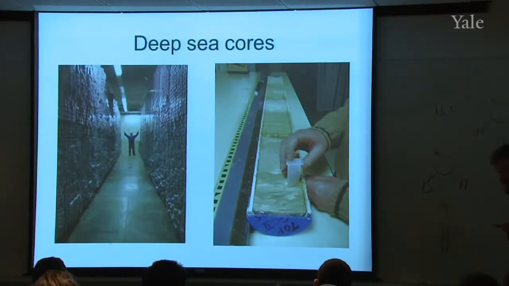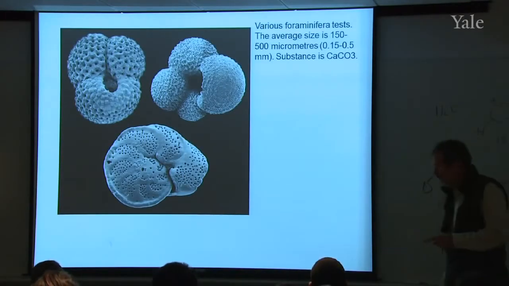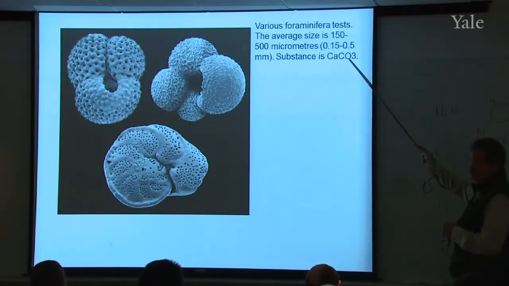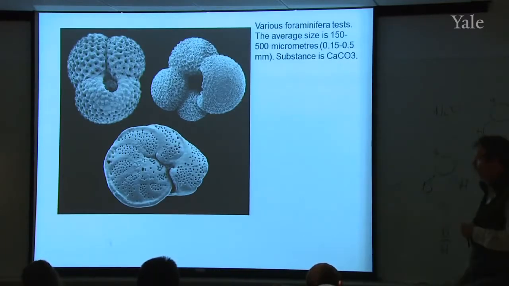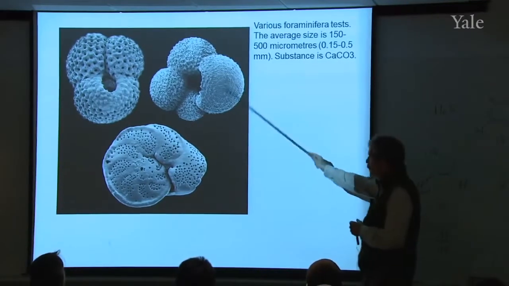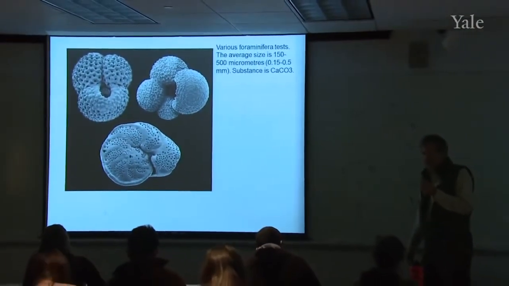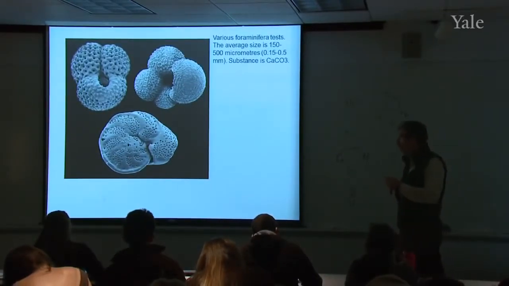And primarily, these deep sea sediments are comprised of calcium carbonate. They've got other things in them, but calcium carbonate, CaCO3, it has oxygen in it. Besides calcium and carbon, it has oxygen in it. And they're mostly the remains of shells produced by microorganisms, phytoplankton mostly, in the ocean.